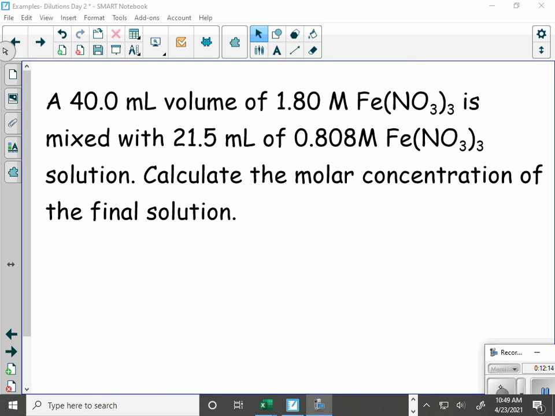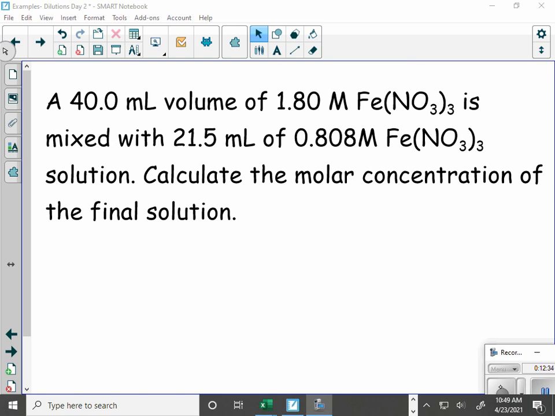What I'm doing is I'm taking 2 different solutions and combining them. They're 2 different solutions of the same solute. So I still have iron 3 nitrate, but I have 2 different molarities of iron 3 nitrate.